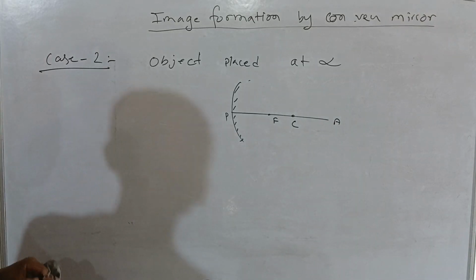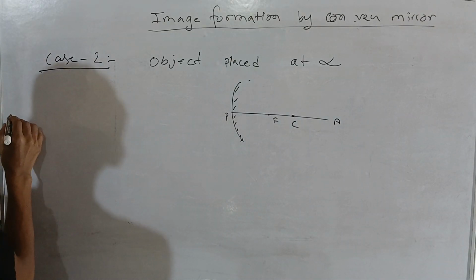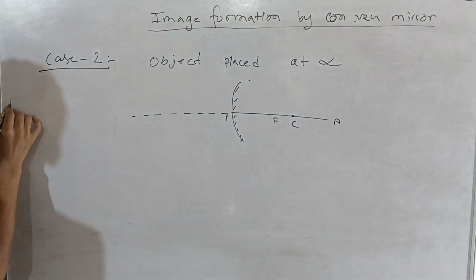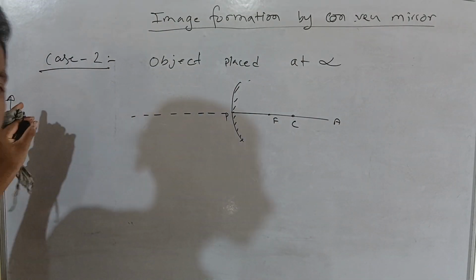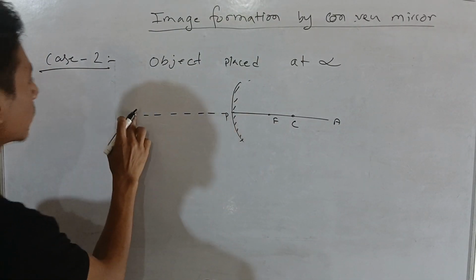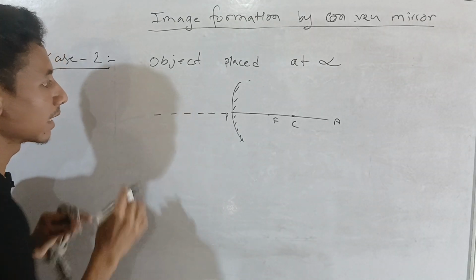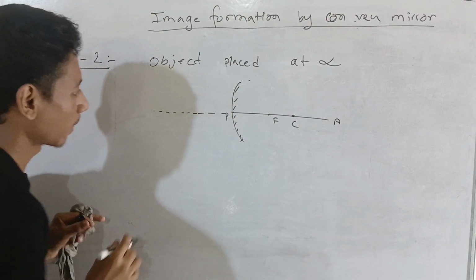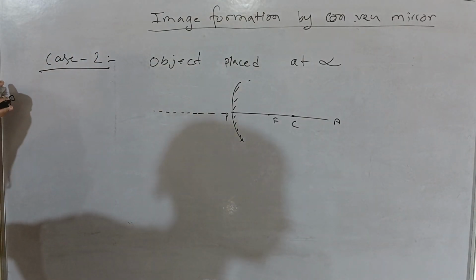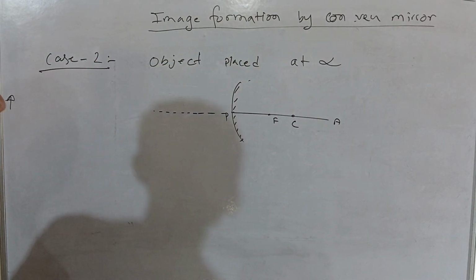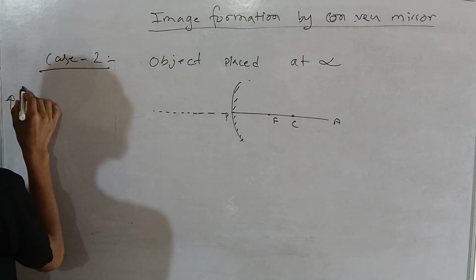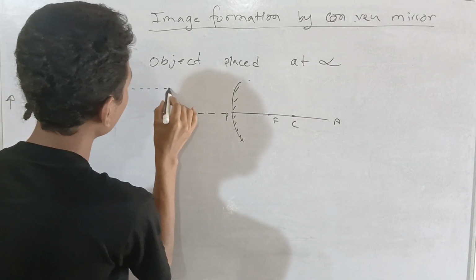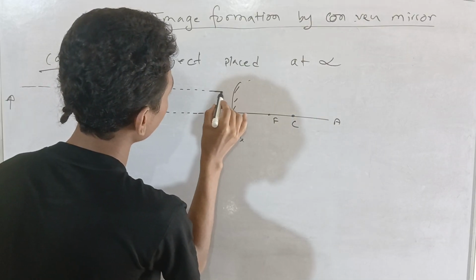If the object is at infinity, the rays coming from the object are all parallel to the principal axis. Any ray coming from infinity is always parallel to the principal axis.